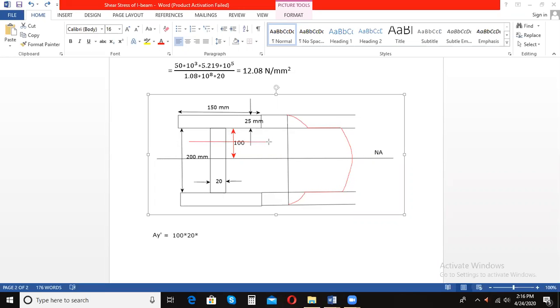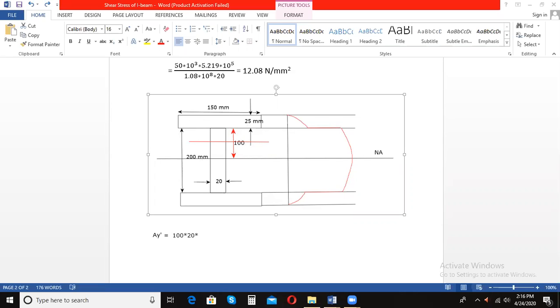Let us assume this is where the centroid of this web section is lying. So how will you calculate this distance? If this entire height is 100 mm, since it is a symmetric web, if you simply divide the 100 by 2, you are going to get this height also.